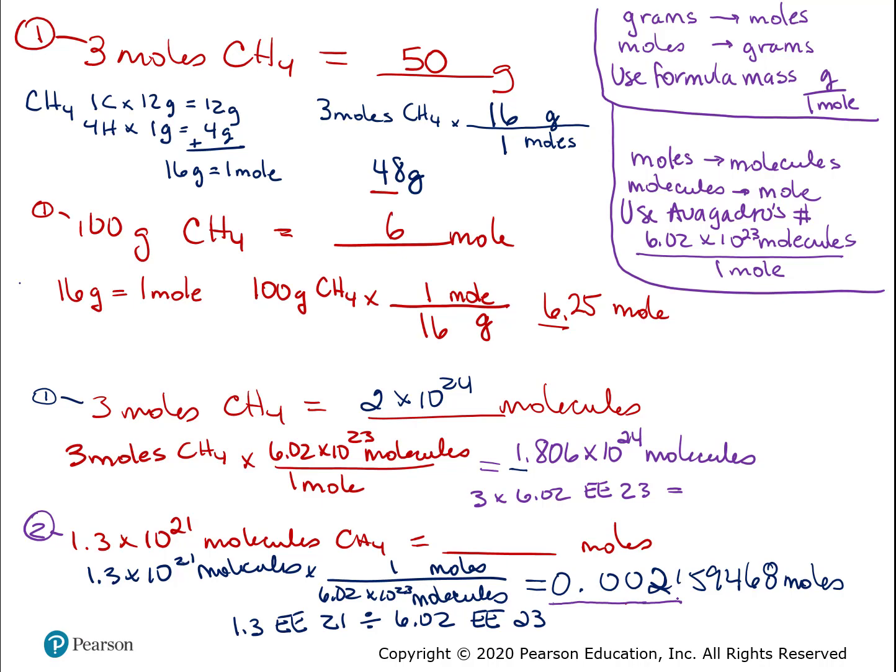The next number is a 5, so what does that do? It's going to round it up. So this would be 0.0022. I keep those zeros out front because it shows the size of the number. So 0.0022, 2 significant figures in that answer.